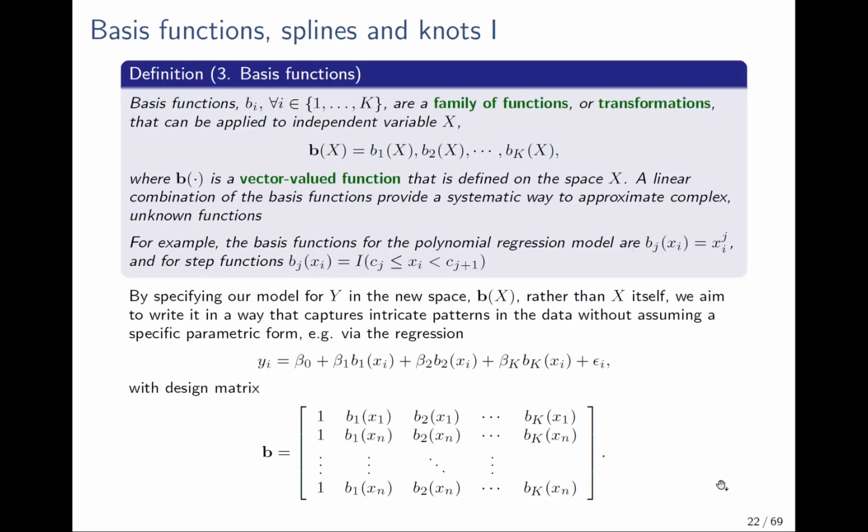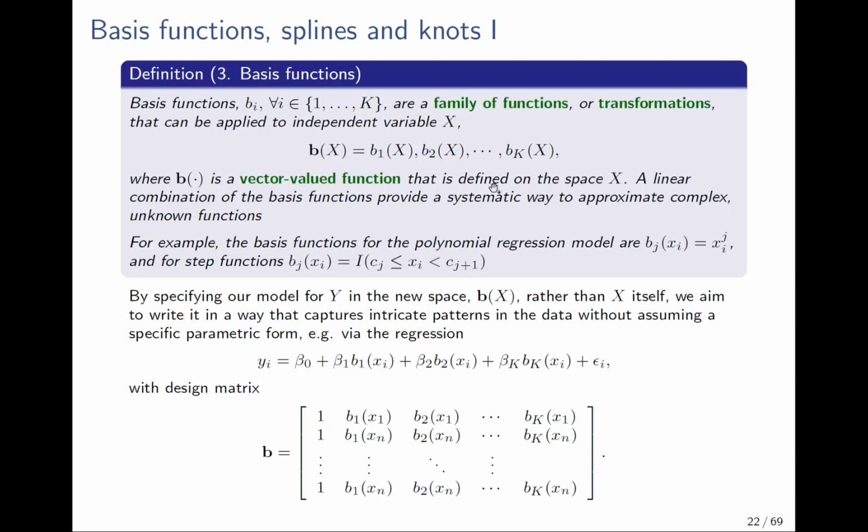So first, basis functions. Basis functions, which we're going to denote B subscript i, are a family of functions or transformations that can be applied to independent variable x. Using bold B to denote a set of basis functions, we have b1(x), b2(x), ..., bk(x), where B is a vector valued function, that's why it's in bold.